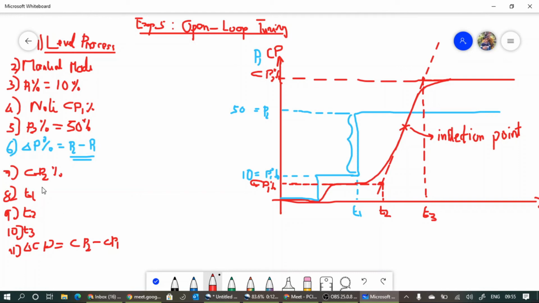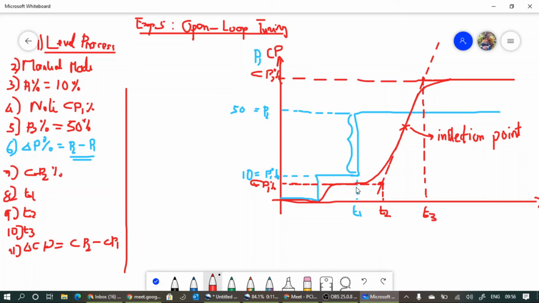Then from all this you have delta P, that is change in input, that is step input. Then you have delta Cp, that is a change in process variable, a steady state change in output variable. Okay. So now you are going to start the calculation. So already you calculated delta P and delta Cp. Now you can see that from T1 to T2, this is T1 where the step is given, this is T2.